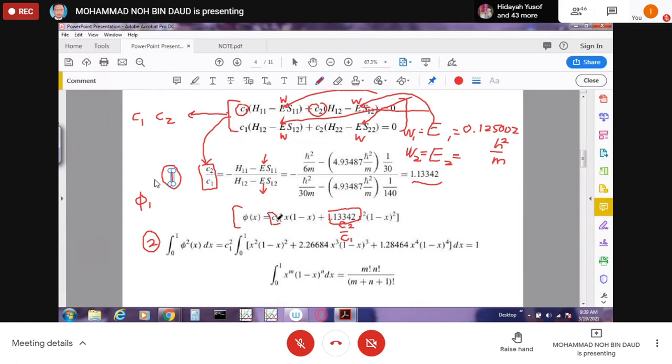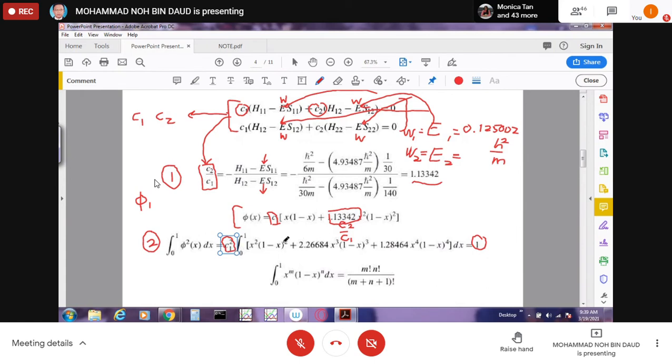You learned in physics 1 and physics 2, when we normalize these functions, we equate this integral with 1. So this is the coefficient C1.